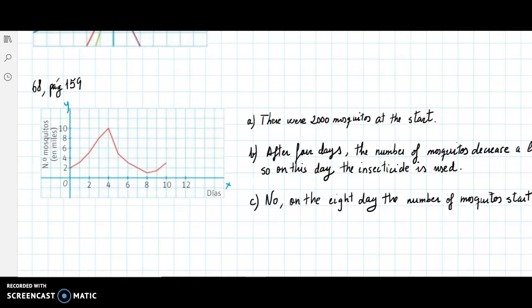The first question is how many mosquitoes there were initially, at the start. At the beginning, we start with 2, but the number is in thousands. So there were 2,000 mosquitoes at the start.